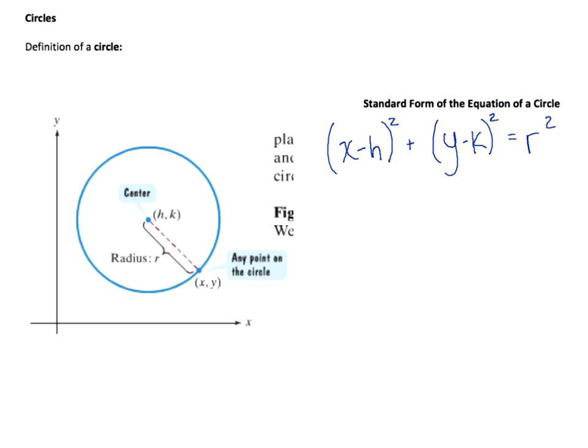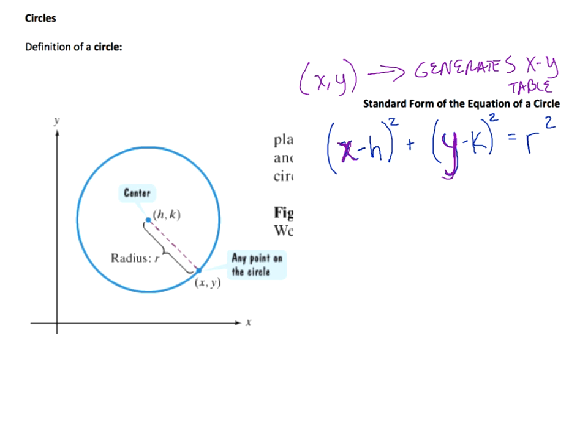Now I just need to describe to you what all these h's and k's and all that mean. So this x and y stay. This is the point x, y that generates an xy table.